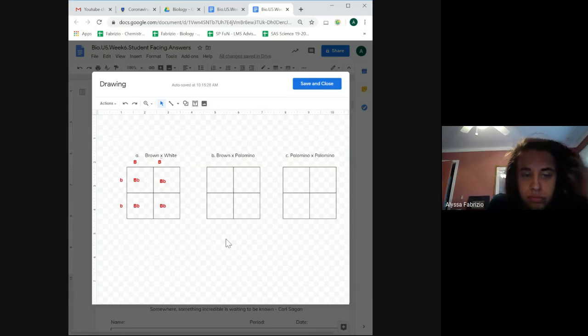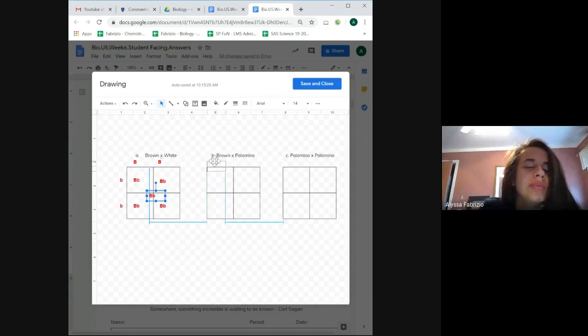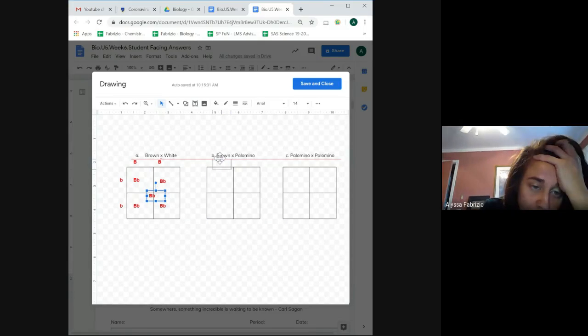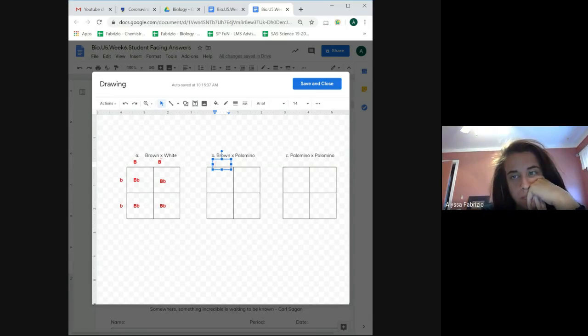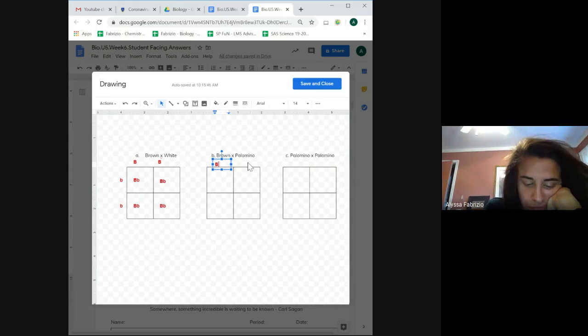Very good. What about for a brown with a palomino horse? For brown, it's going to be uppercase B, and for palomino it's going to be uppercase B and lowercase b. Very good. Exactly.